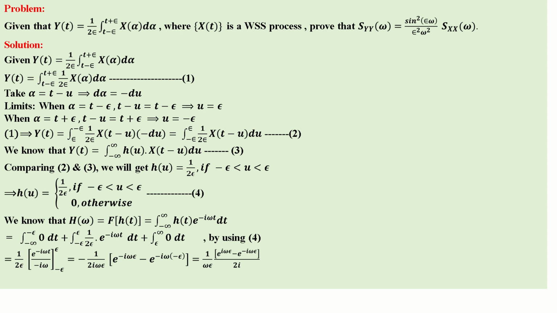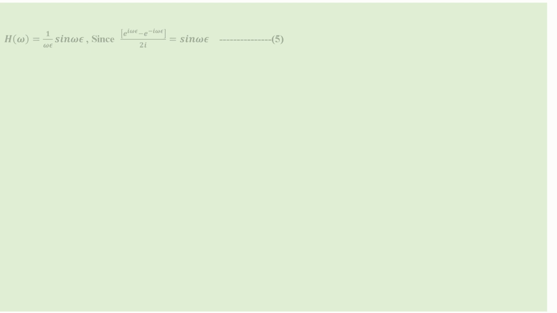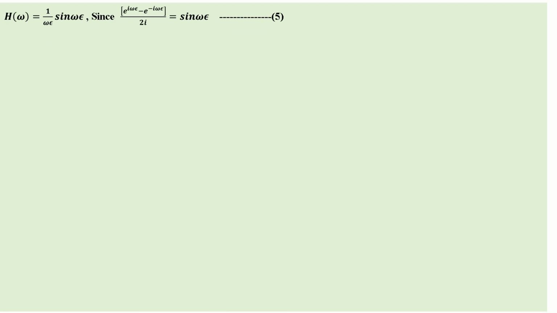We know [e^(iωε) − e^(−iωε)]/(2i) equals sin(ωε), so H(ω) = (1/(ωε)) sin(ωε).